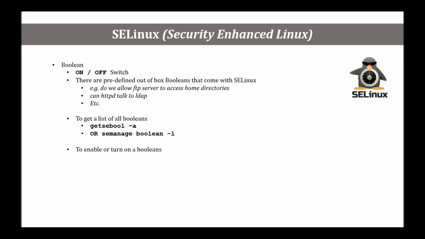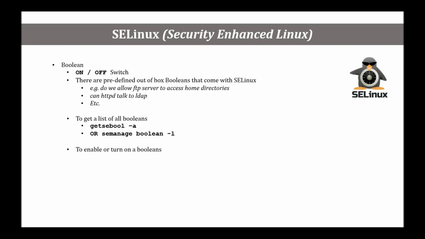To enable or turn on a boolean, now you have identified this should be on or this should be off, how do you turn it on and off? Keep in mind, we make these changes only when SELinux is enabled. Once that is enabled, only then you can do all those different configurations within SELinux.